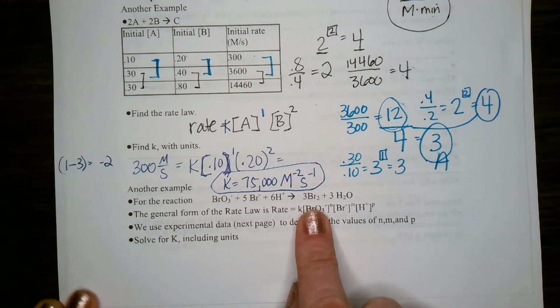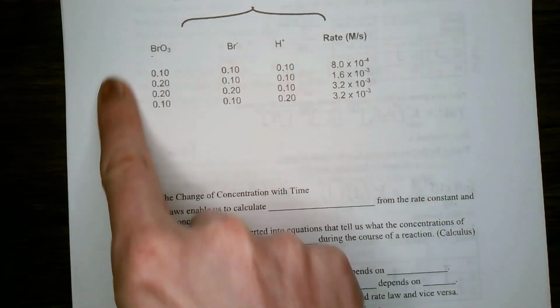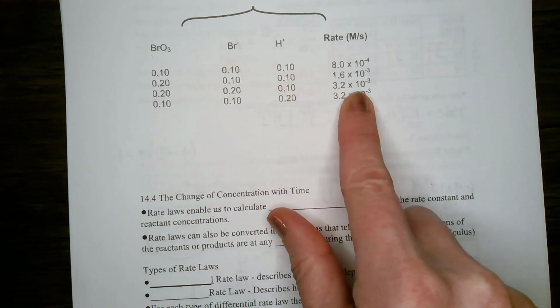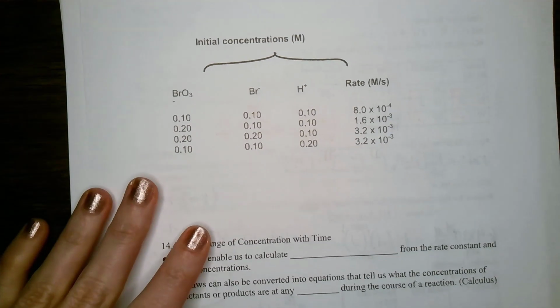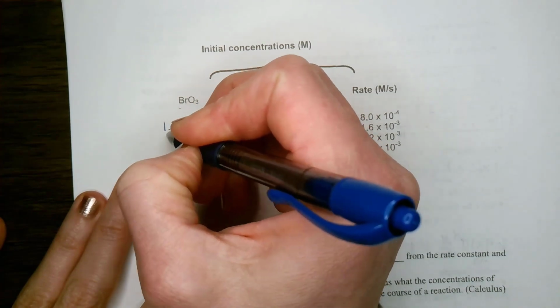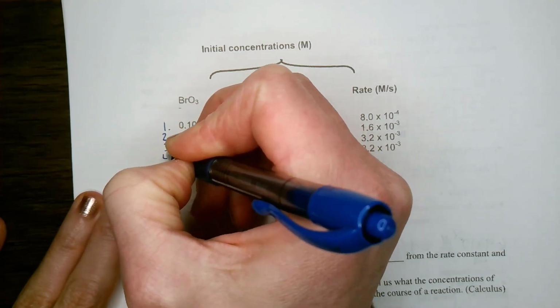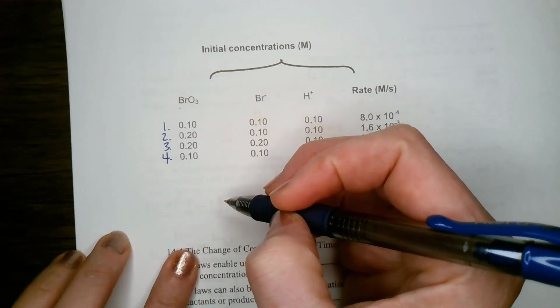Why don't you try to attempt this next one? The data table is on the back side of this page, looking at these concentrations and rates for 4 different trials. So see if you can set this one up. Well, let's look and see what we've got. We've got 4 trials.